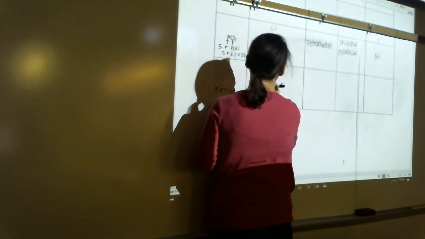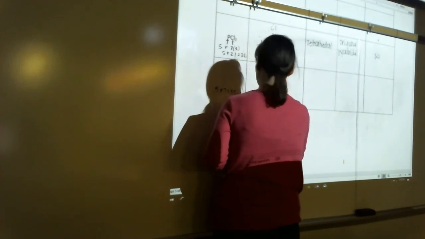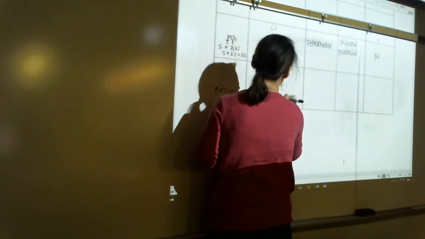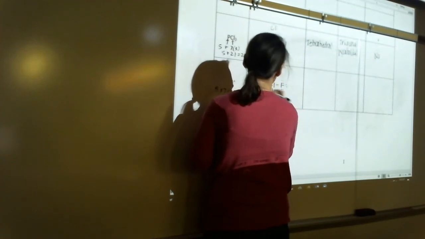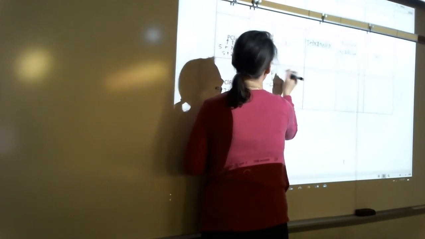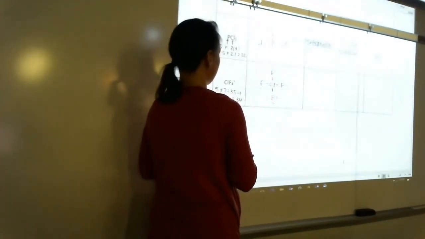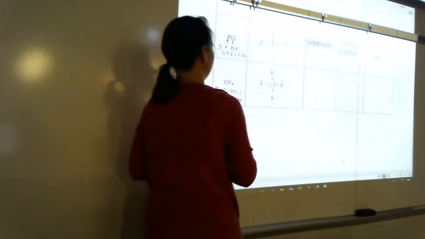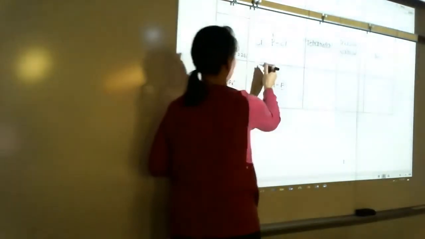So ClF4. 2, 4, 6, 8, 10, 12, 14, 16, 18, 20, 22, 24, 26, 28, 30, 32. What do I do? 34. And then what else do I need? Brackets.